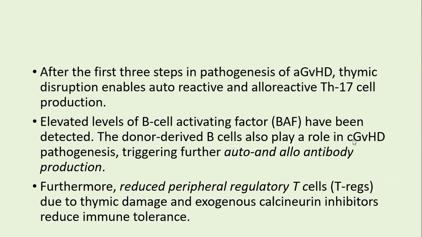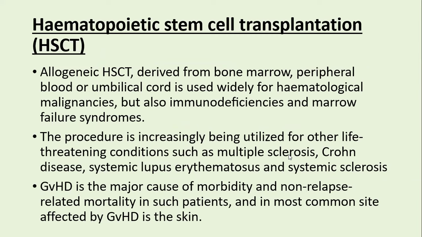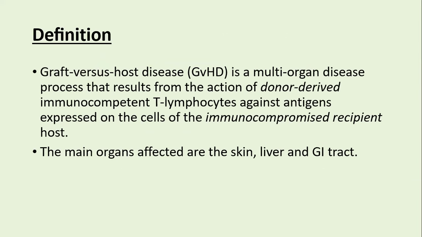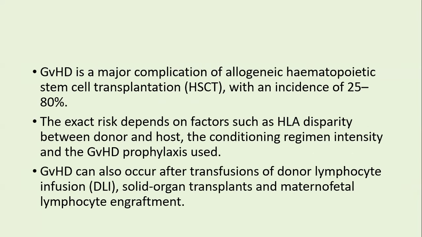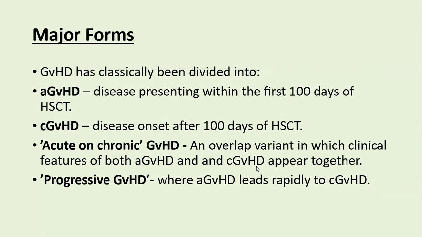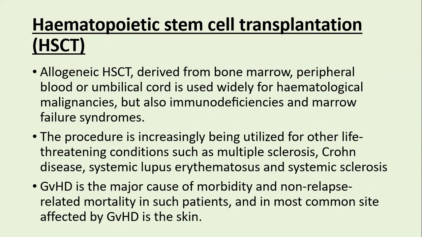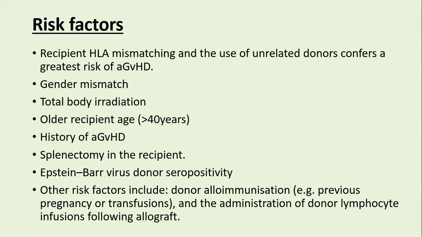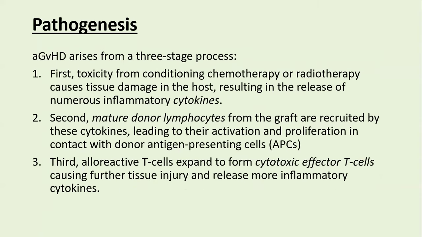So if I would like to summarize the pathogenesis of acute graft versus host disease, it is actually a reaction between the immunocompetent T cells against the cells of the immunocompromised host. And this occurs first by generation of cytokines due to the conditioning chemotherapy or radiotherapy before hematopoietic stem cell transfusion.